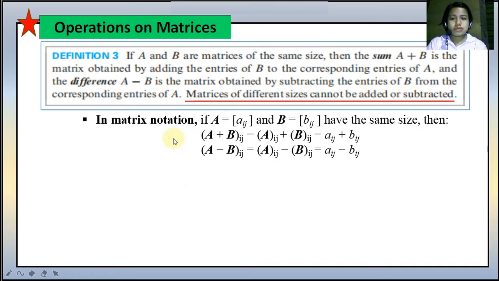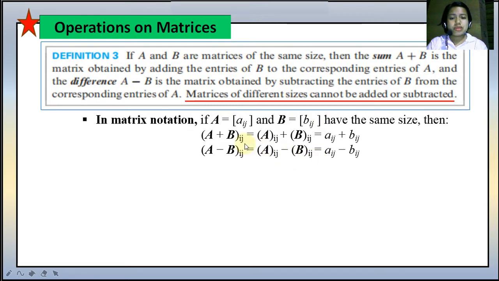So in matrix notation, if A is equal to A sub ij, meaning ith row and jth column, and the same with B sub ij, and they have the same size, meaning the number of rows of matrix A is the same as the number of rows of matrix B, and also the same number of columns, hence they have the same size.